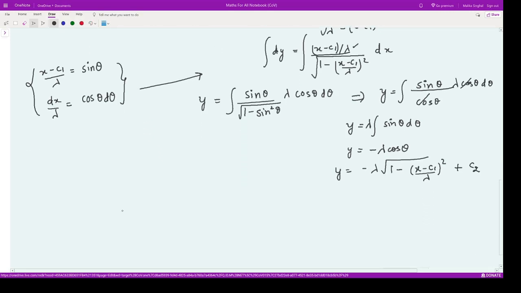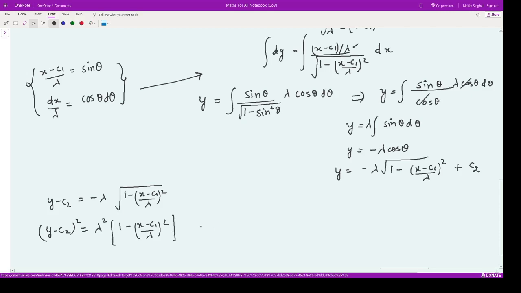So let us rewrite this equation further. So we have y minus c2 is equivalent to minus lambda square root of 1 minus ((x minus c1) upon lambda) whole square. So let us square both sides. So we have (y minus c2) whole square is equivalent to lambda square times 1 minus ((x minus c1) upon lambda) whole square. We can simply multiply the right hand side by lambda square.